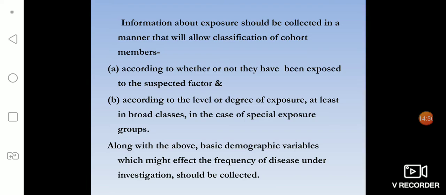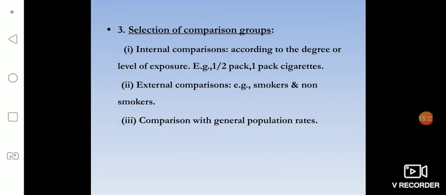So this is the way you should collect the information, from the previous records, as I have explained. Along with the above, the basic demographic variables also should be collected, because that might also affect the frequency of disease under investigation. Let us see the third element, that is selection of comparison groups.